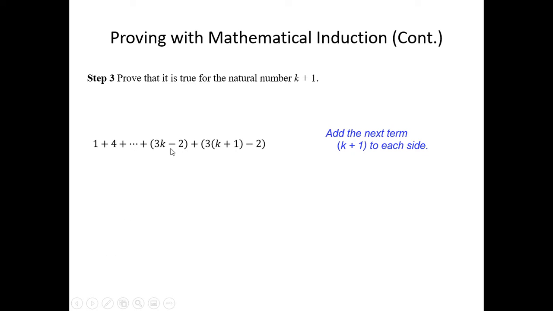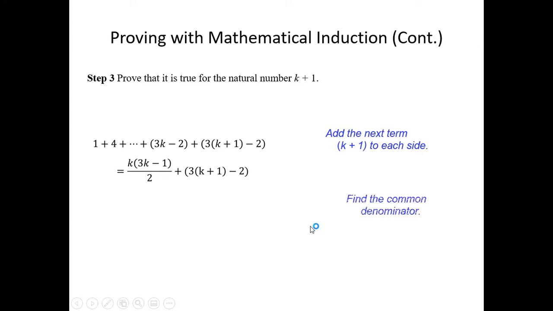So if 3k minus 2 is my kth term, 3 times k plus 1 minus 2 is my k plus 1 term. Well, I have to add that same exact quantity to both sides of my equation. So I'm going to take my k plus 1 term, that's going to be 3 times k plus 1 minus 2, and add it to both sides of the equation.